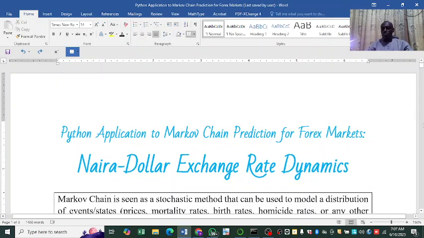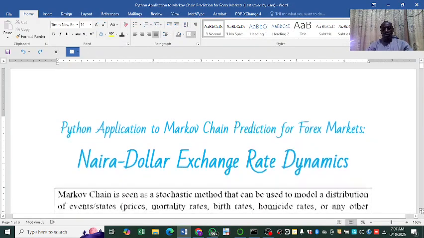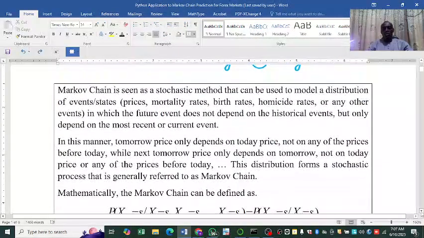Markov chain is a stochastic process, a stochastic method that models the trajectories of events, in which the future event depends on the current event and does not depend on the past event.